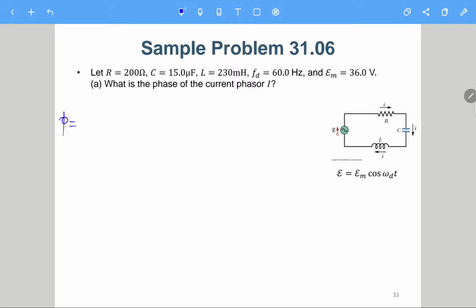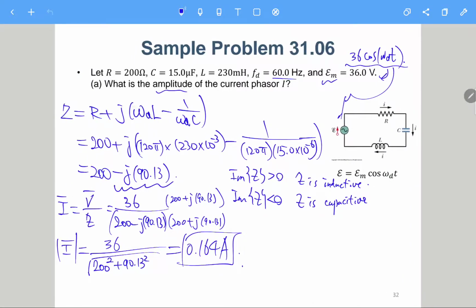So phi will be nothing but arctangent of (omega_d L minus 1 over omega_d C) over R. Which means this part is minus 19.13.